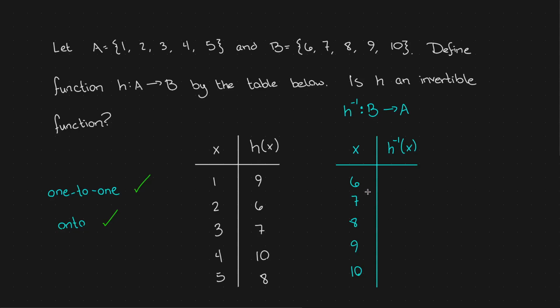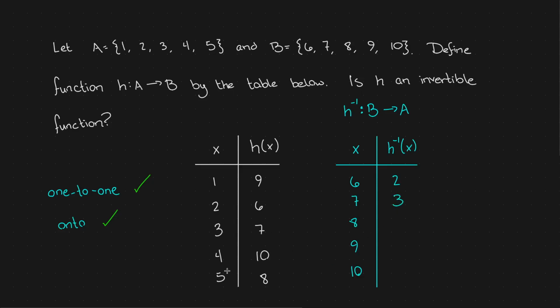Then we just check each value. If I plug 6 into h inverse, what will I get? We just undo h. Since h of 2 is 6, h inverse of 6 is 2. For 7, h of 3 is 7, which means h inverse of 7 is 3.